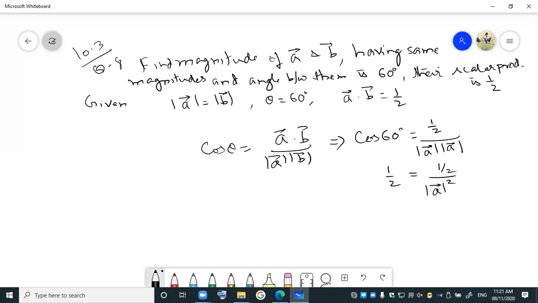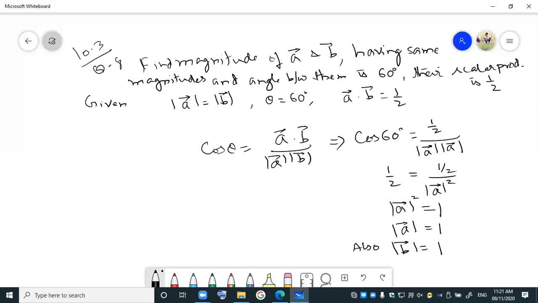So magnitude of A square is equal to 1. Therefore the magnitude of A is equal to 1, and because the magnitudes are the same, the magnitude of B will also be equal to 1.